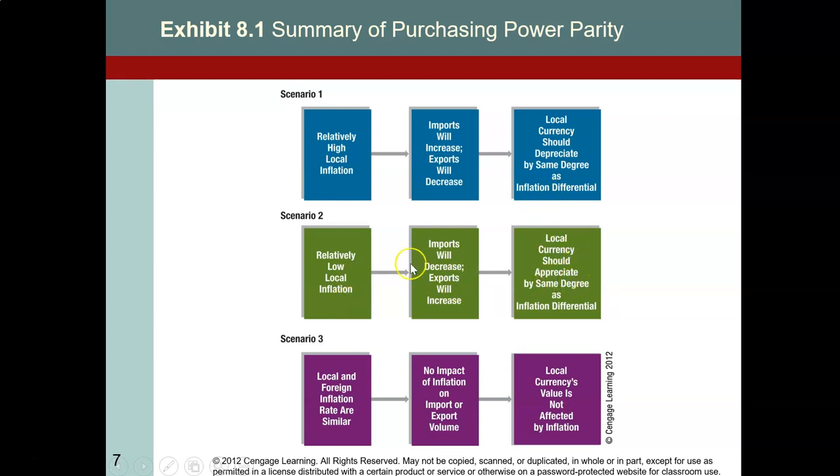Scenario 3, when local and foreign inflation rates are similar, there is no impact of inflation on import or export volume. Local currency's value is not affected by inflation. But if there is a difference in inflation between the two countries, exports and imports will be different, so the local currency value would change.